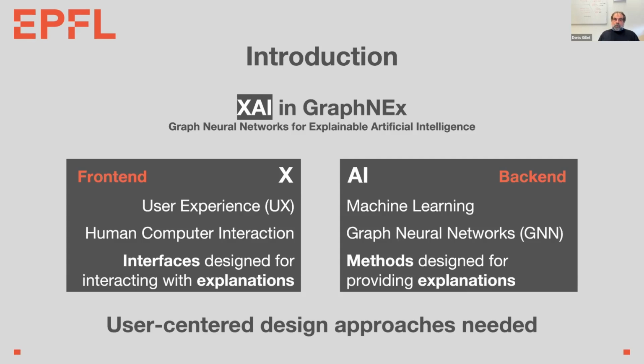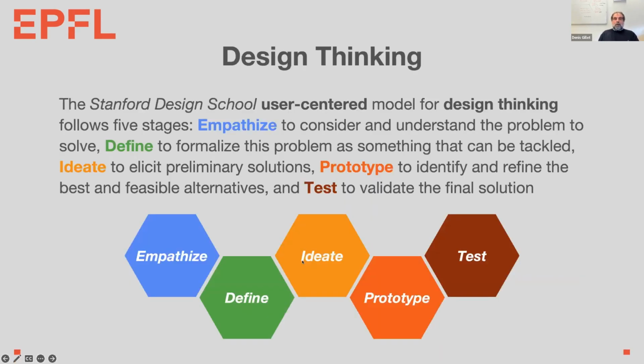So we looked at the methodologies and approaches which are available in human-computer interaction to do that in explainable AI in a sensible way. We have seen that the design thinking methodology, which is very often used to design products and solution in user experience, is a very interesting one because it really puts the user at the center.